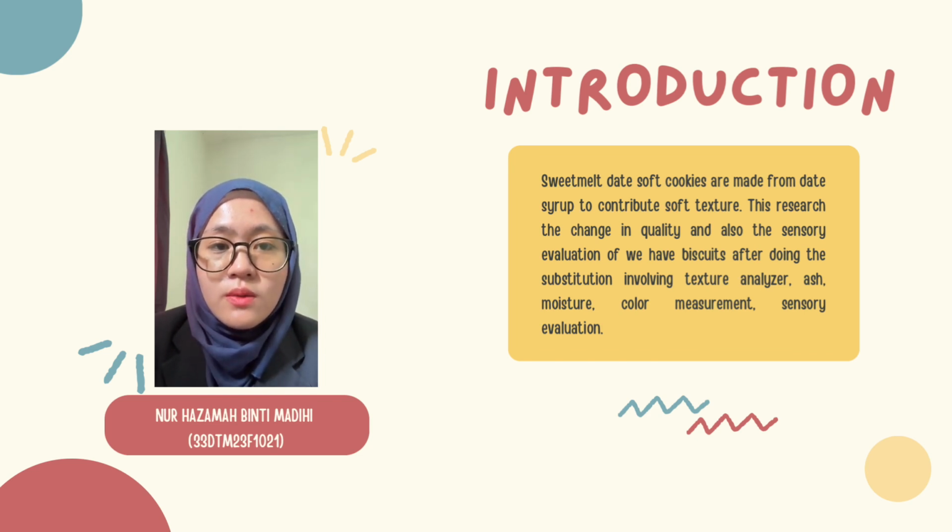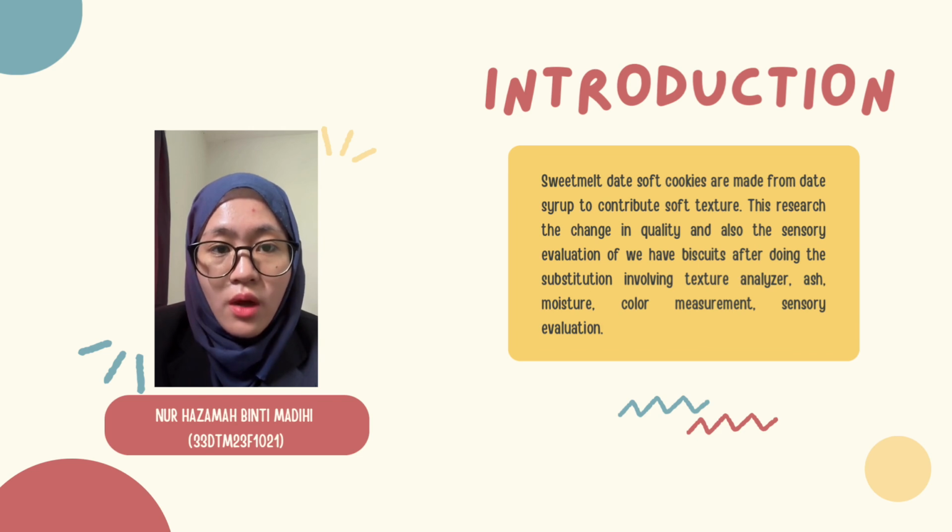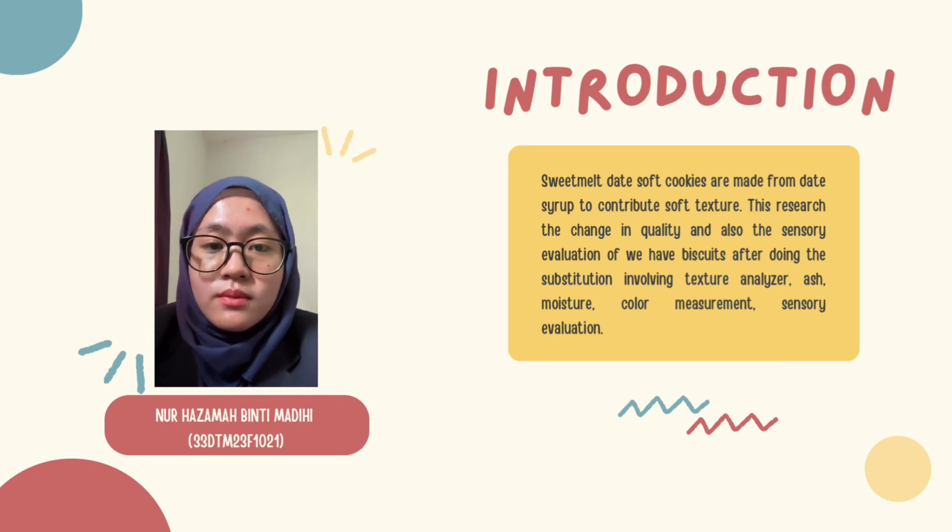Several analyses were carried out, including texture analysis, moisture and ash content determination, color measurement, and sensory evaluation to assess consumer acceptance. The overall objective is to determine the optimal level of date syrup substitution that produces soft cookies with desirable texture, appearance, and taste.